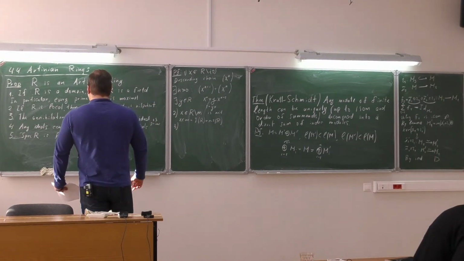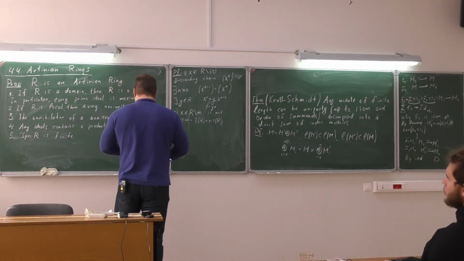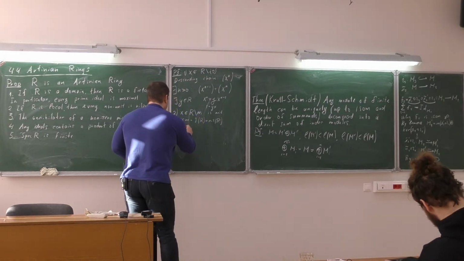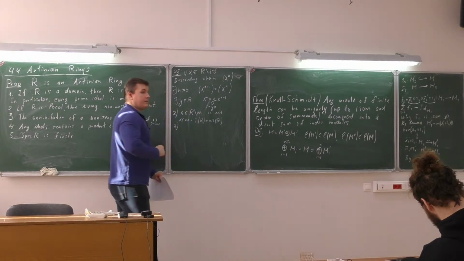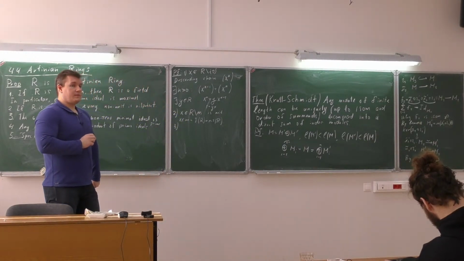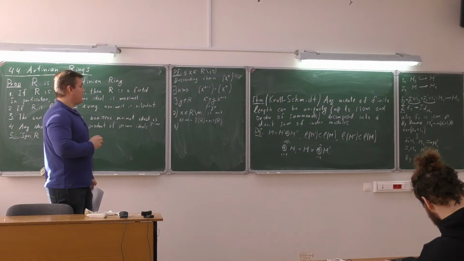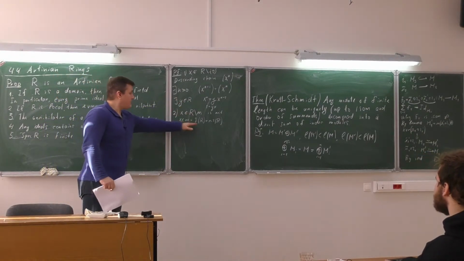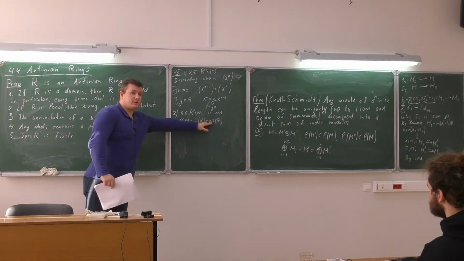So we need to show that the annihilator of a non-zero minimal ideal is prime. How did you use in the second part that it is Artinian? So I used the first part to say that the Jacobson radical is the same as the nilradical.